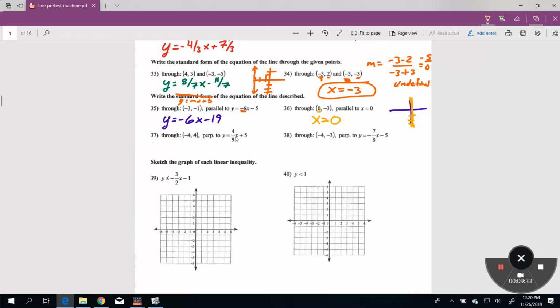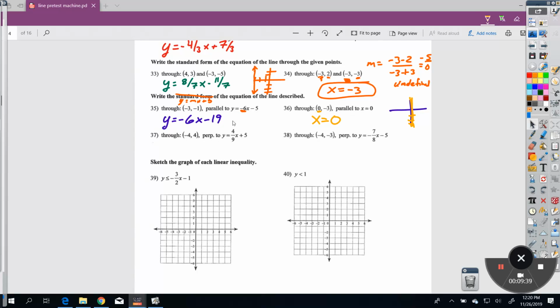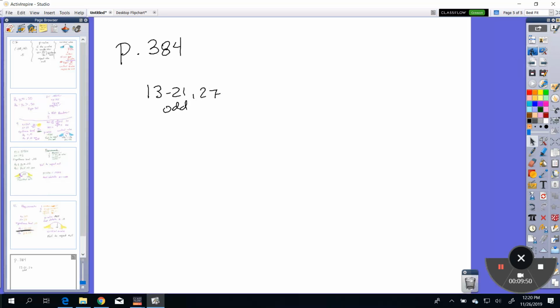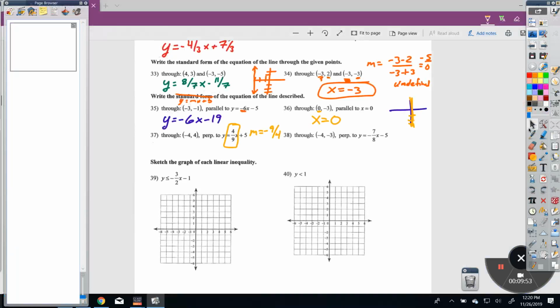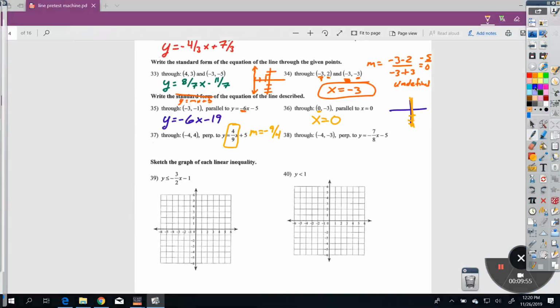37, perpendicular to this. I'm going to need more writing room. So if it's perpendicular to this, remember that our slope is that key ingredient right there. So slope will equal negative 9/4. So now that I know what slope is, I can use y equals mx plus b.